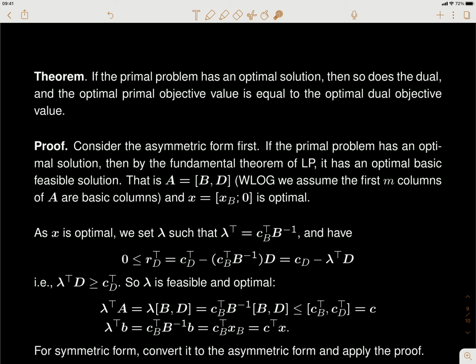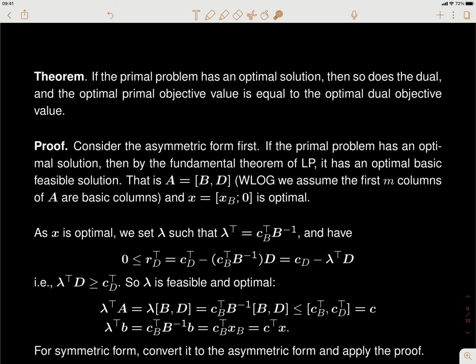What it says is that if your primal problem has an optimal solution, say x star, then the dual problem also has a solution, which we call lambda star. Then C transpose x star is equal to B transpose lambda star. This means that their objective function values are the same for the primal and dual.